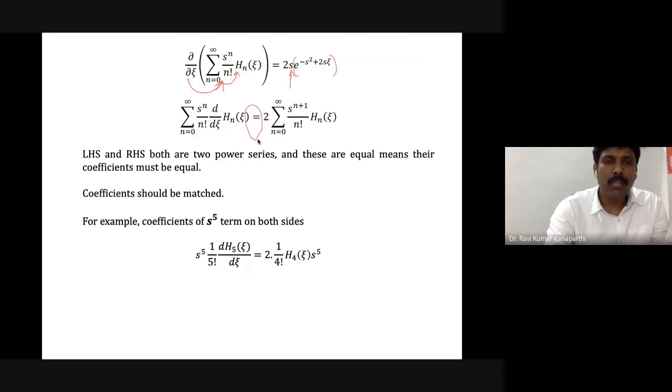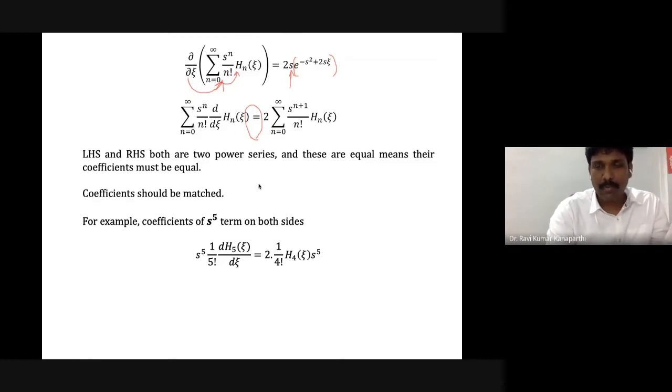So s to the power 5 and 1 over 5 factorial, and then dH5 of z by dz. Wherever there is n, you can just replace it with 5. That's all on the left hand side.